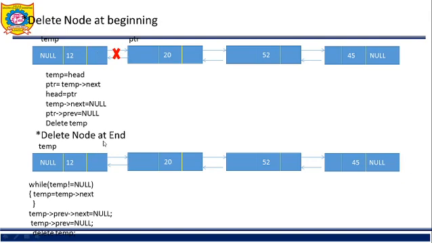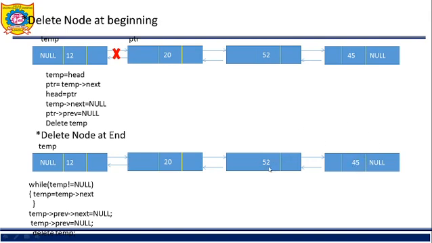Okay, then delete node at end. When we want to delete the last node, we first have to traverse the pointer to the last node. Once we traverse the pointer to the last, we have to check which references are held by that node and which node holds the reference of the node to be deleted.